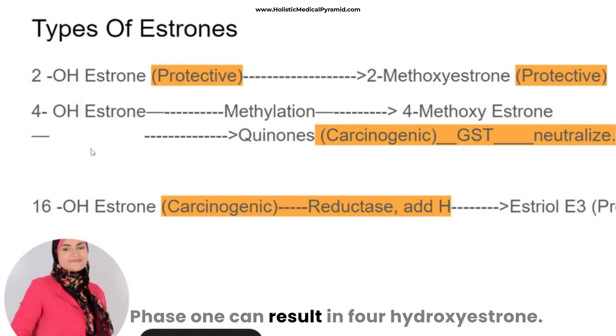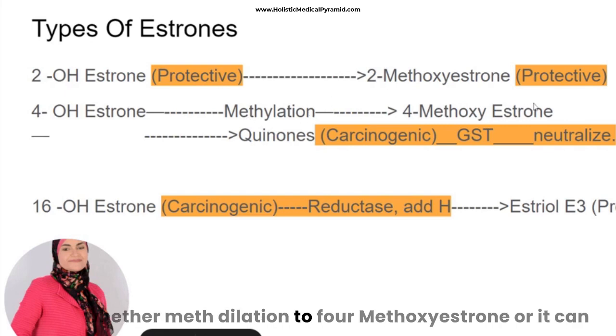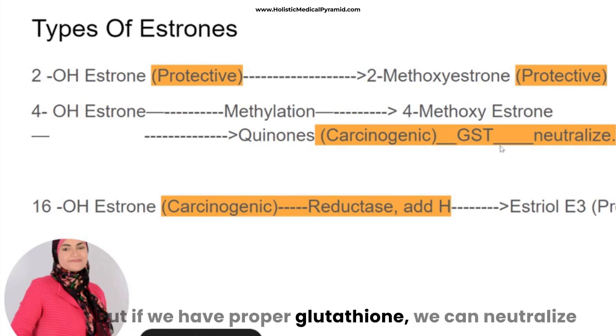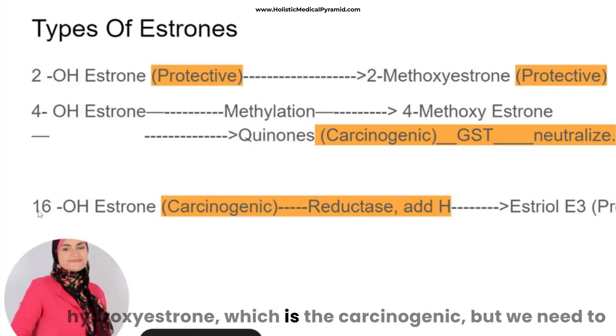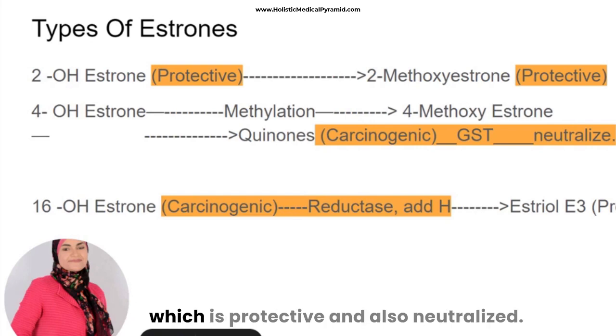Phase one can result in 4-hydroxyestrone, but there are 2 ways to go around it, whether methylation to 4-methoxyestrone, or it can be changed into quinones, which are very carcinogenic, but if we have proper glutathione, we can neutralize this and get rid of it. Or the 16-hydroxyestrone, which is carcinogenic, but we need to add an extra hydrogen to change it to estriol, which is protective and also neutralized.